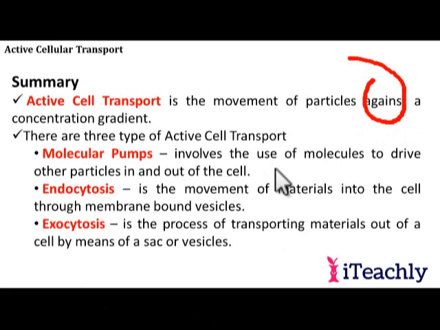Make sure you remember that the sodium and potassium pump is how our nerve transmissions are going from one nerve to the other. You've got endocytosis. Things are coming into the cell through these vesicles. And you've got exocytosis. Things are moving out of the cell through vesicles.